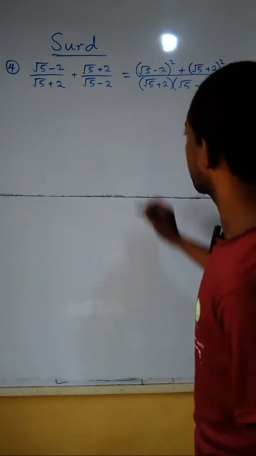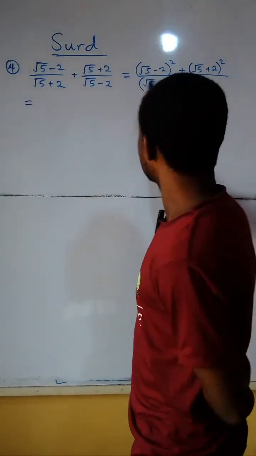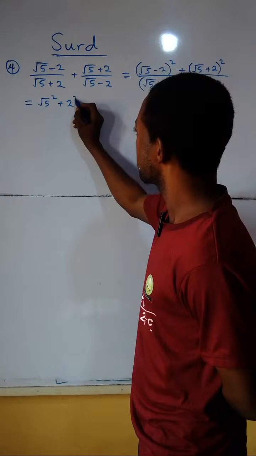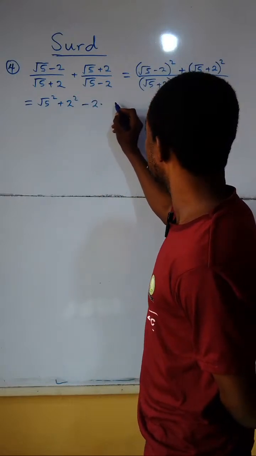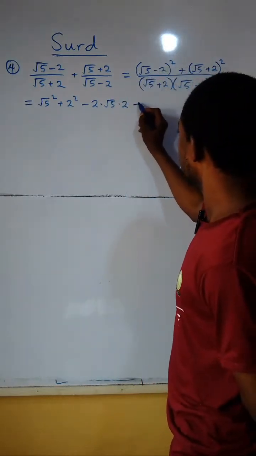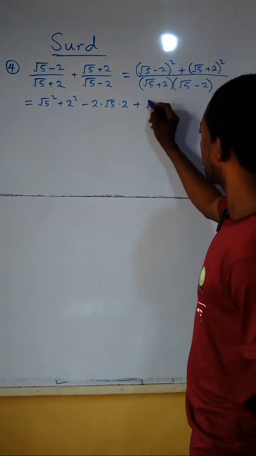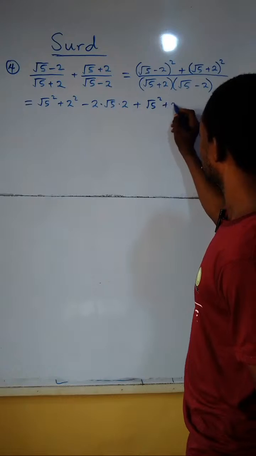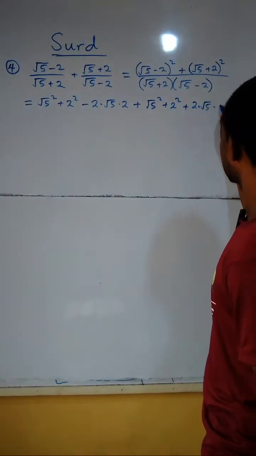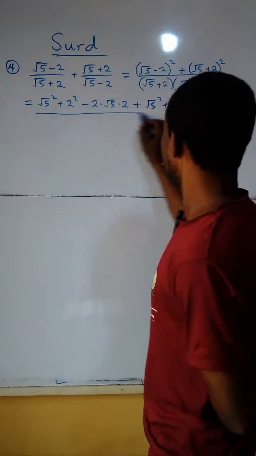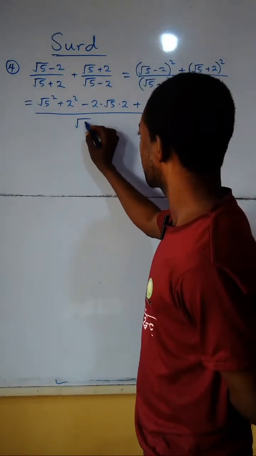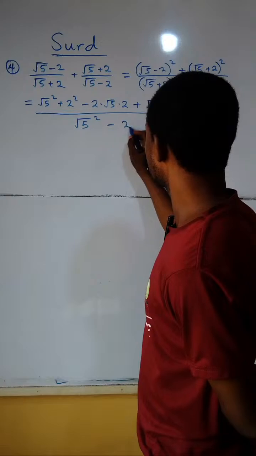Now, when we expand from here, the expansion becomes root 5 squared plus 2 squared, then minus 2 times root 5 times 2, then also plus the expansion here as well. We have root 5 squared, then plus 2 squared, plus 2 times root 5 times 2, which is divided by conjugate surds, and we can put it in the form root 5 squared minus 2 squared.